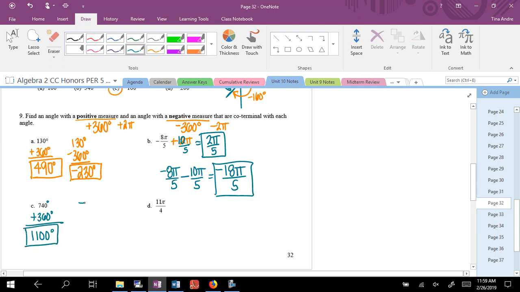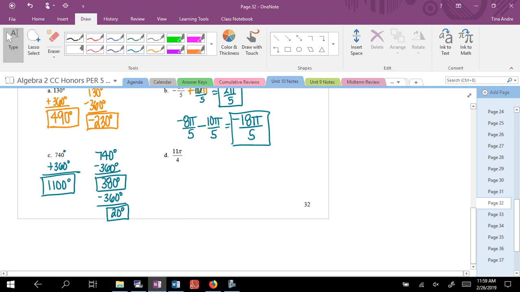What's going to happen for this one, though, since it's greater than 360, I'm going to have to subtract 360 several times in order to get the negative coterminal, which just means I'm actually finding more possible positive coterminals. So here's another possible positive coterminal angle. Subtract 360 again. Here's another possible positive coterminal angle.